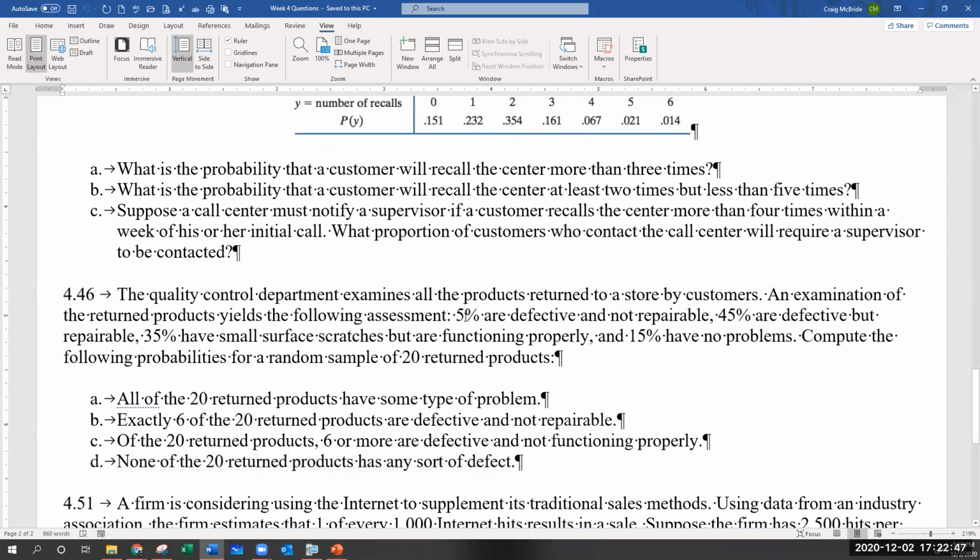Well, 5% have this kind of defect, 45% have this, so there's 50. Here's 35%, right? And then, here we go. 15% have no defects whatsoever. So we want to know the probability that none of them has any sort of defect, so that probability of 0, when it's 15.